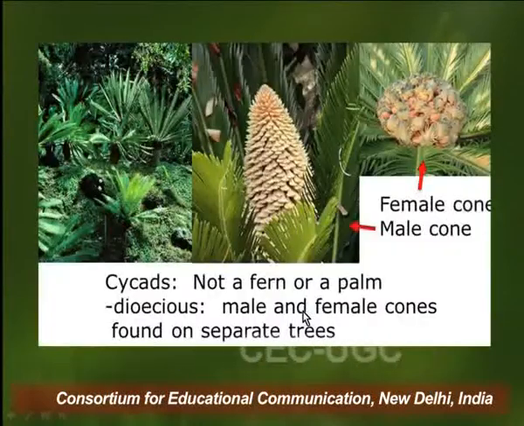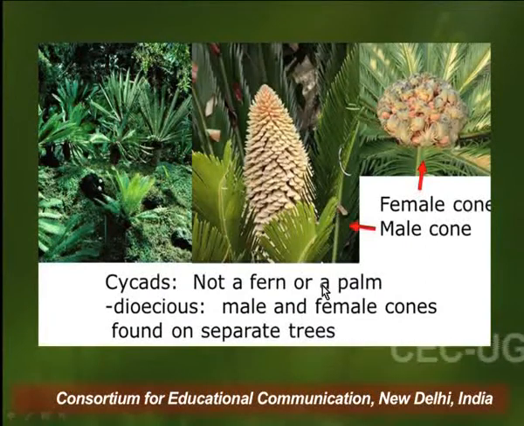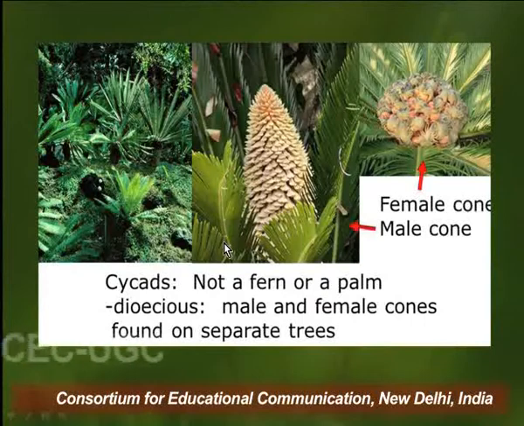In case of Cycas also, which looks like a fern but is neither a fern nor a palm tree, you will find that the cones are borne on different plants. So the plant which bears the female cone is called the female plant, whereas the plant which bears the male cone is called the male plant.